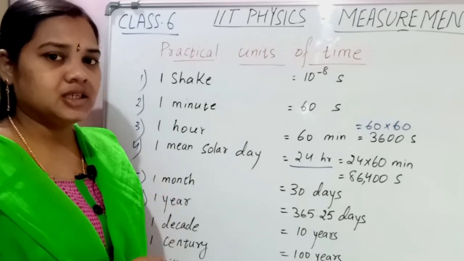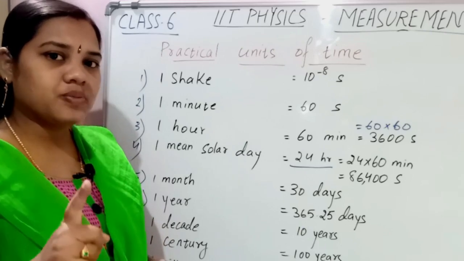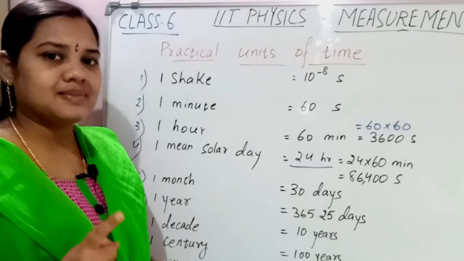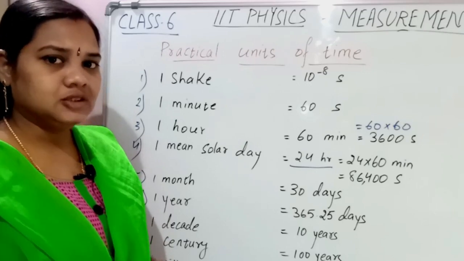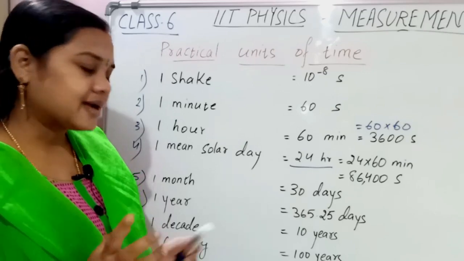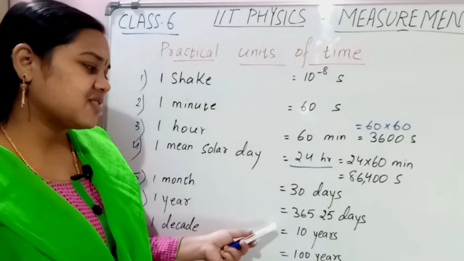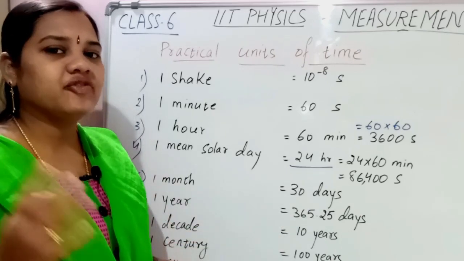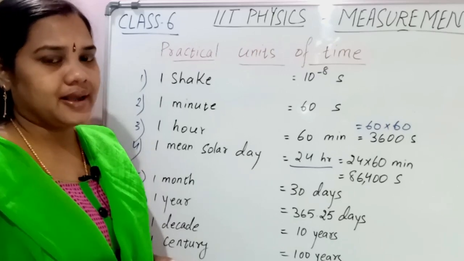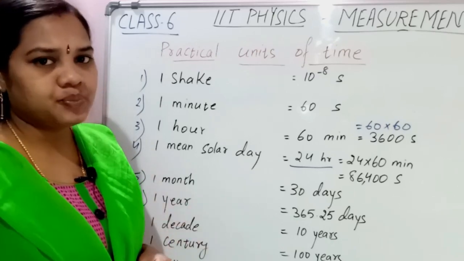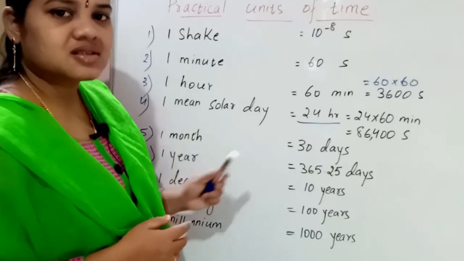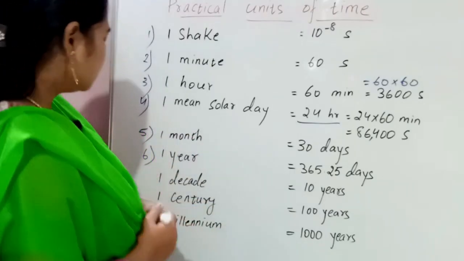So that year is 366 days. Why is it the 4th year? Actually every year is 365.25 days, so that 0.25 in 4 years becomes 1 day and is added to the year. But mathematically it is 365.25 days.